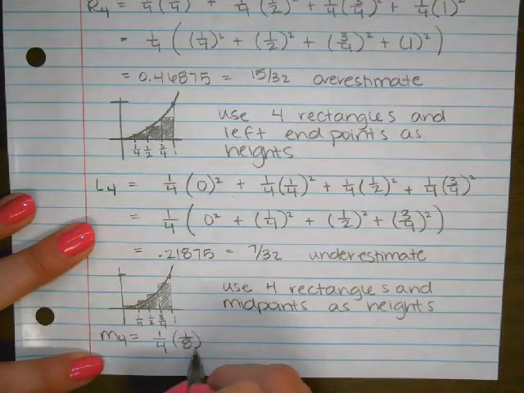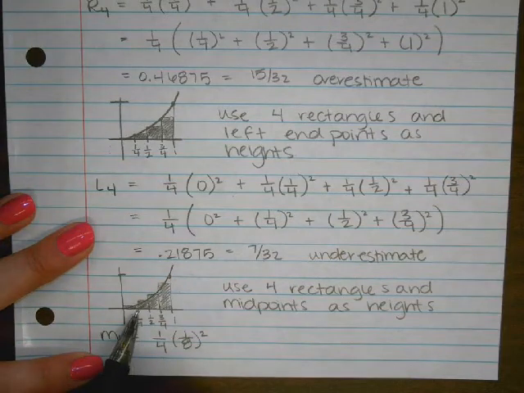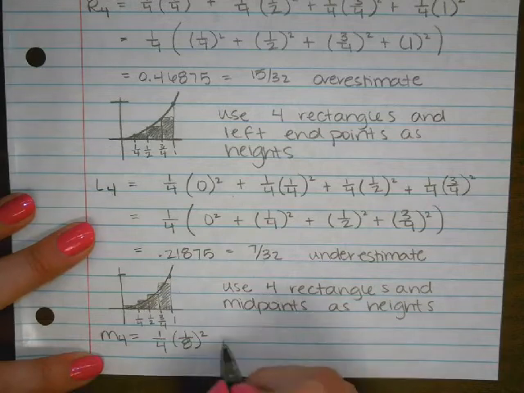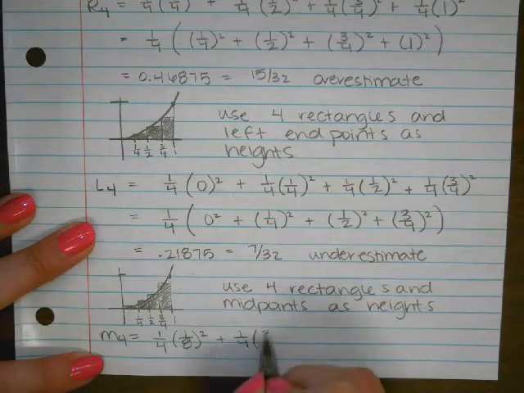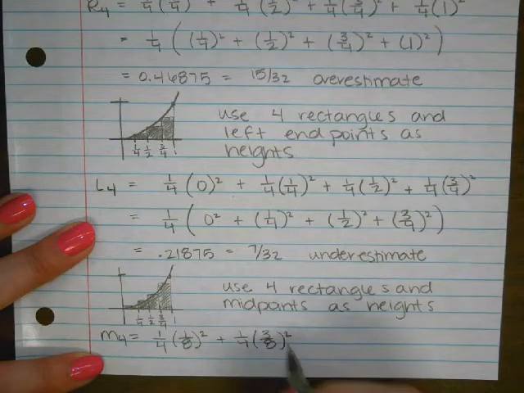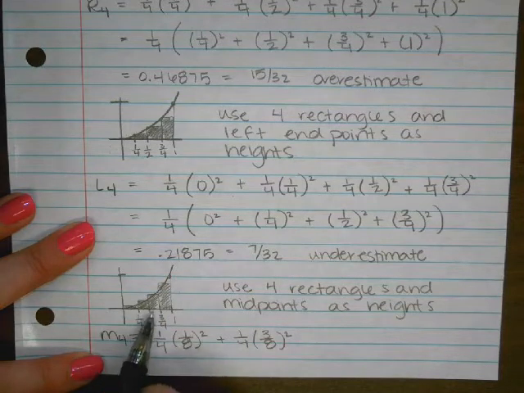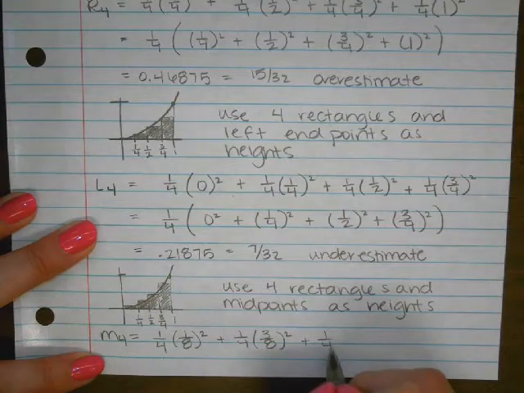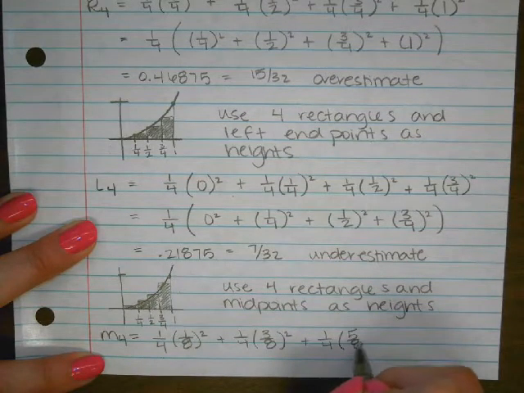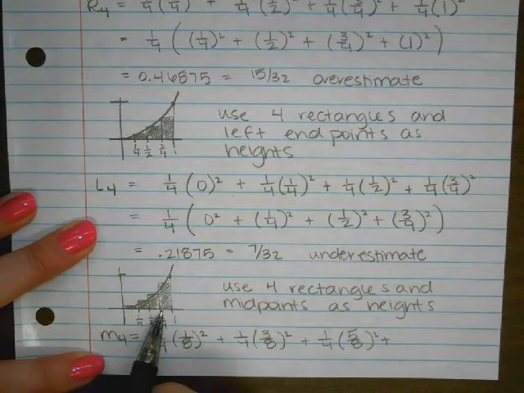So 1/8 squared. Then this is 2/8, so the next midpoint would be 3/8. So plus 1/4 times 3/8 squared. 4/8, the next midpoint would be 5/8. And then 6/8, and the next midpoint would be 7/8.